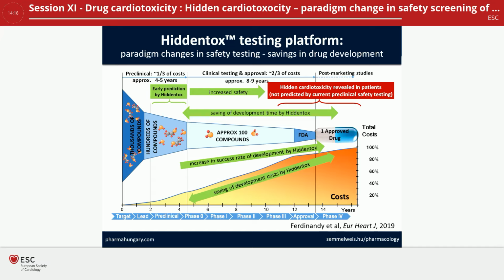Yeah, look, we believe that the world should move in this direction, and definitely if we gather enough data, I hope that in the guidelines it will be included that safety testing should be done in diseased tissues, including electrophysiology and including, for example, ischemia, reperfusion-induced cell death, and so on.